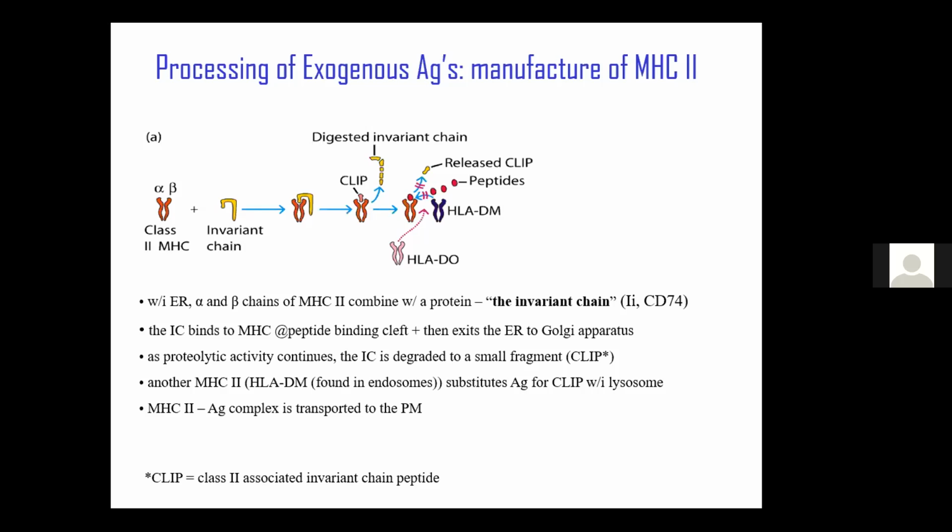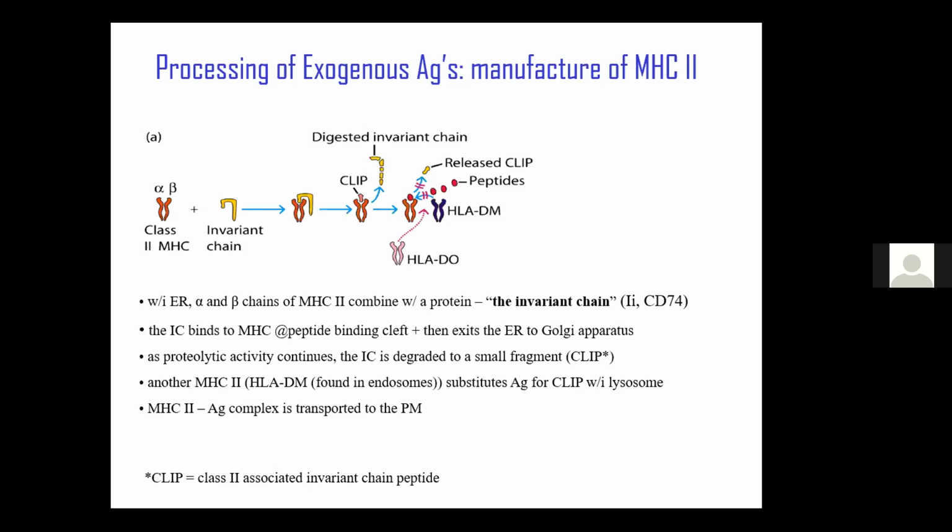I'm sure you have learned about cluster of differentiation, which is a systematic way of identifying certain biological markers that are found on certain cells. Now, the invariant chain binds to the MHC molecule at the peptide binding cleft and then exits the endoplasmic reticulum to the Golgi apparatus. As proteolytic activity continues, this is contained within the lysosomes.